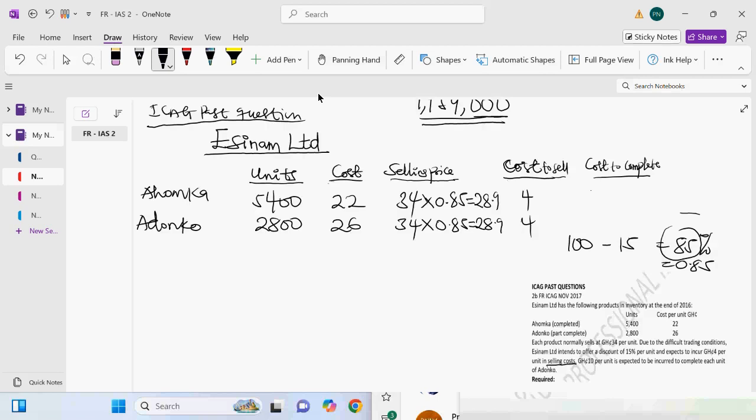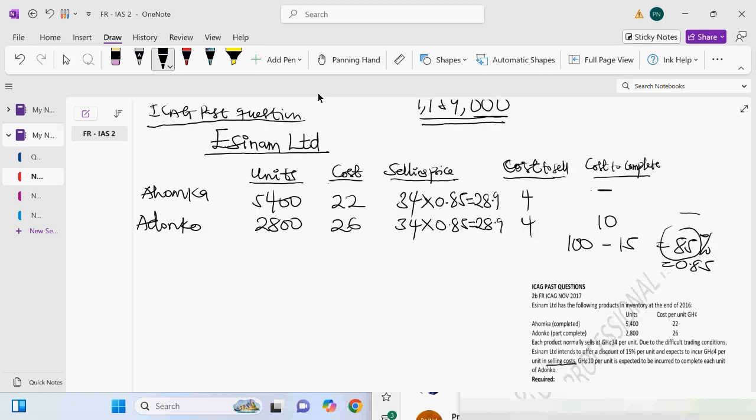And then they are saying the cost to sell is just for Adonko. This one is not having cost to sell. Are you following? Adonko is having cost to complete, and then Ahumka is not having cost to complete, right?